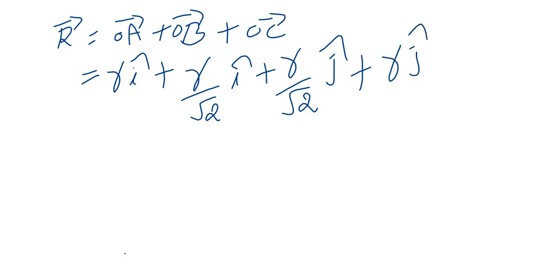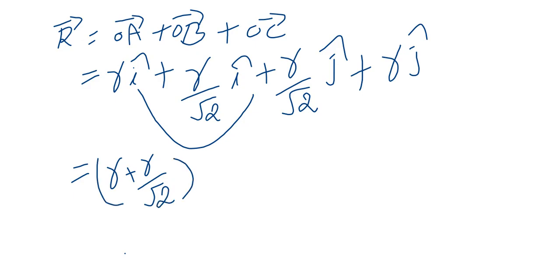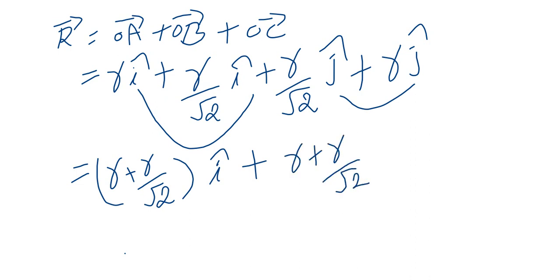So add the i cap values: R plus R by root 2 i cap plus R plus R by root 2 j cap. So this is the resultant vector R bar.